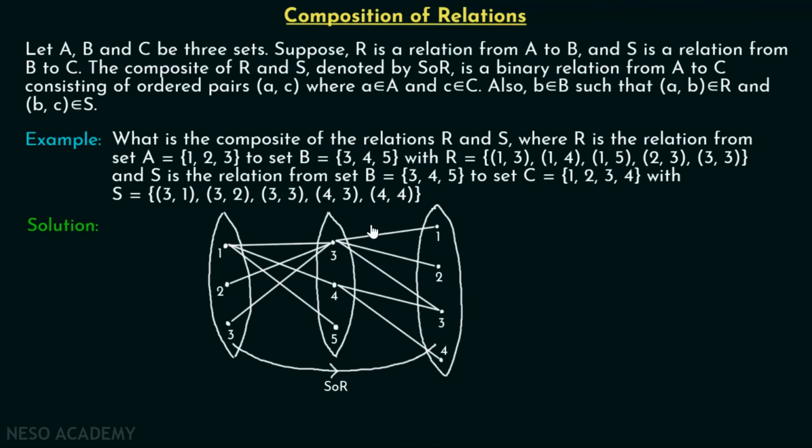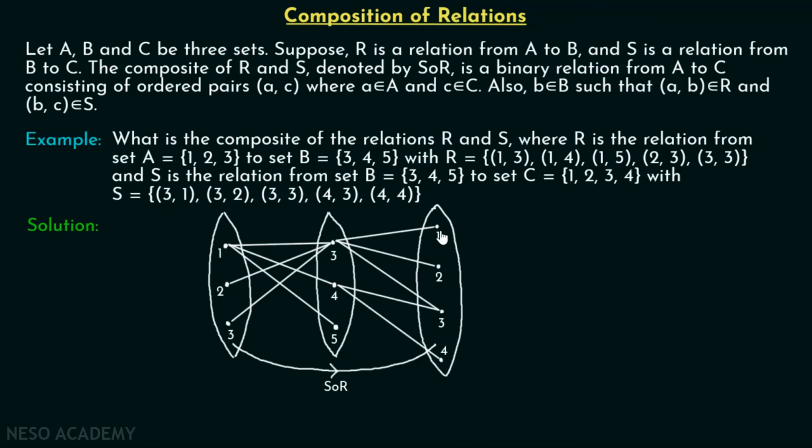Now SOR is a binary relation from A to C, that is from this set to this set. It consists of ordered pairs of the form (a, c), where a belongs to A and c belongs to C. Also b belongs to B such that (a, b) belongs to R and (b, c) belongs to S. Now you can see that there is a mapping from the element 1 to this one.